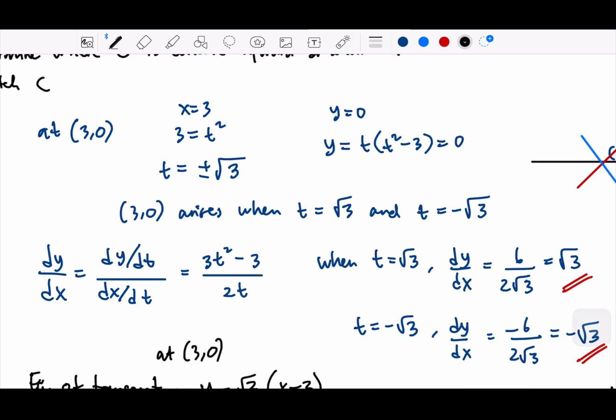Then, as we mentioned in the previous slides, we take the first derivative, and this is just to remind you that whenever we have dy over dx in calculus, this means this is the tangent.